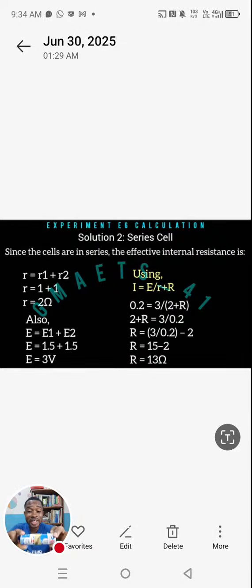But if you measure this using a voltmeter, like I explained in part 1 of this experiment, you won't get 3 volts. You won't, because the internal resistance of this cell will reduce the electromotive force of the cell. In fact, when we did it in our live practical, that was in GMAS 41's physical tutorial in Unizik, what we got was about 2.8 or 2.9, and that is what is expected if you measure the EMF.